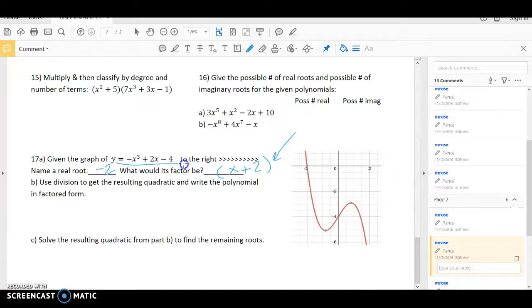We can use synthetic division to solve that, which would be -1, 0 for my missing x squared, 2 and -4. And we said this is -2 because that's where my 0's at. That carries down.